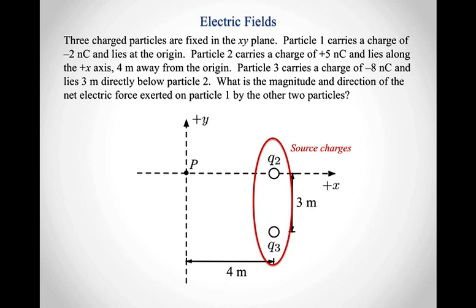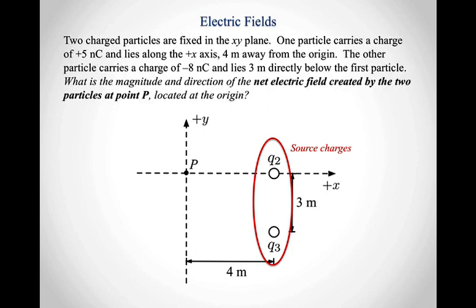And so one way that we can reframe this problem is to say, instead of thinking about the magnitude and direction of the electric force on a particle at point P, what if we went and calculated the more fundamental thing? Let's calculate the magnitude and direction of the net electric field created by these two particles at that point.